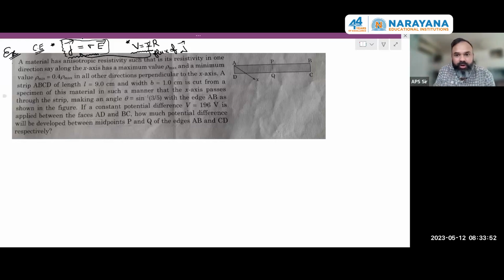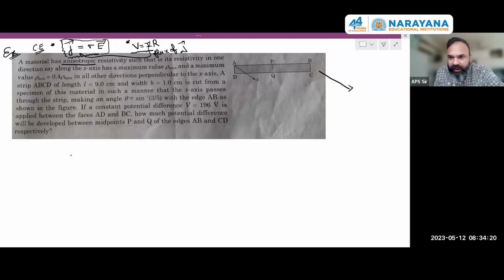So let's see how to approach the problem. The question says that there is this material which is anisotropic. That means the nature of the material in all directions is not identical, right? And he says that in this two-dimensional plane, along the x and the y directions, the behavior is different.